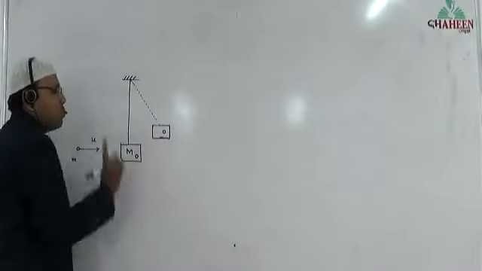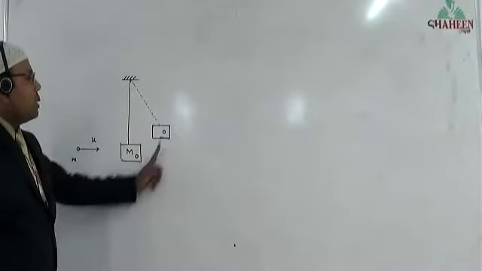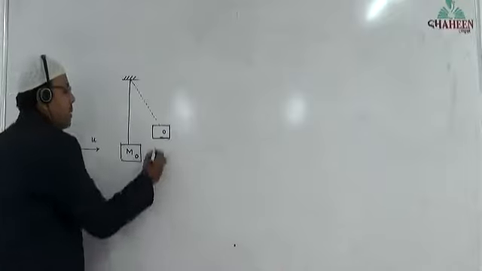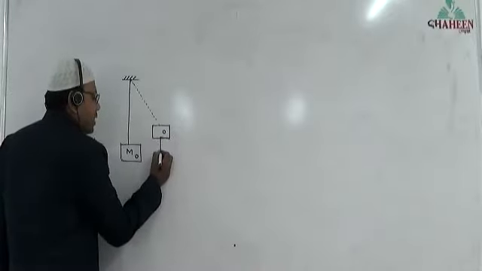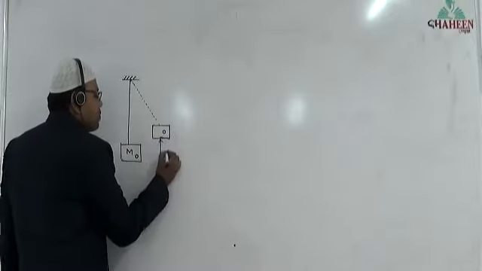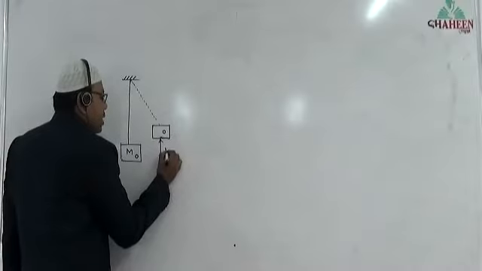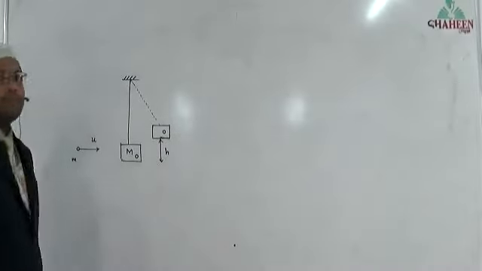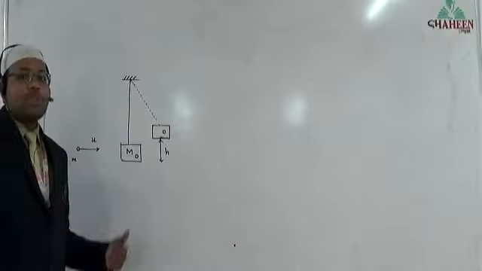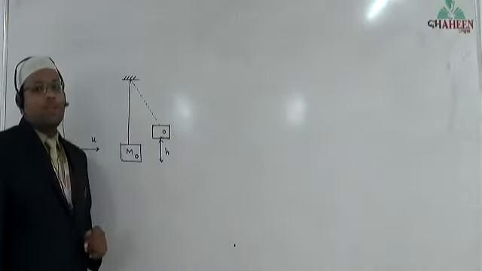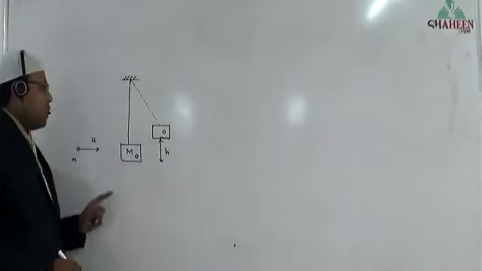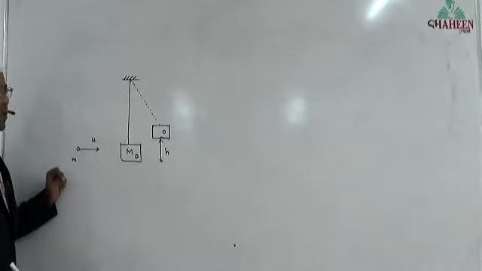Both together are rising up. To what height did it rise? It rises to the height h. So we have to calculate the initial velocity of the bullet.